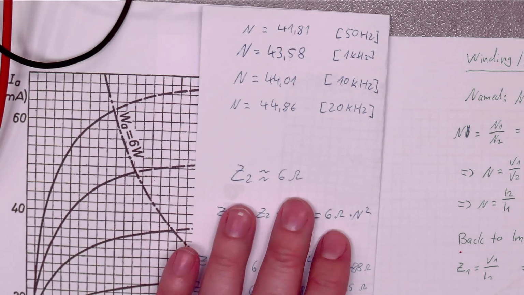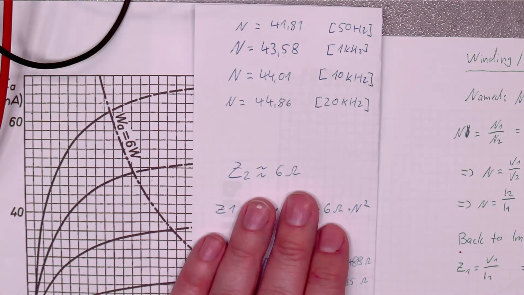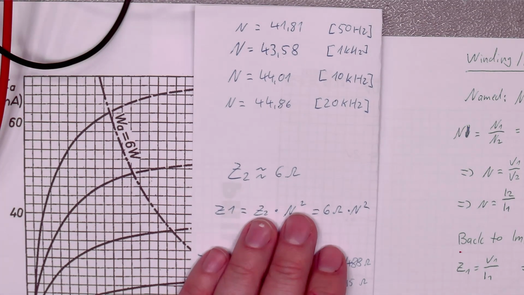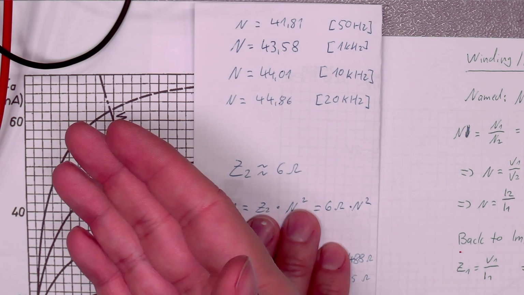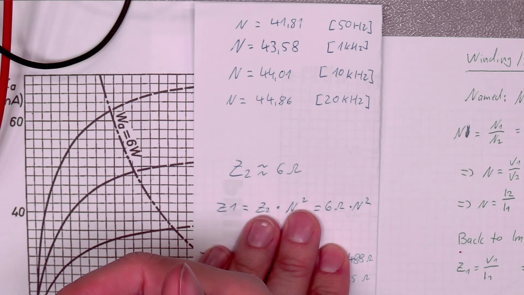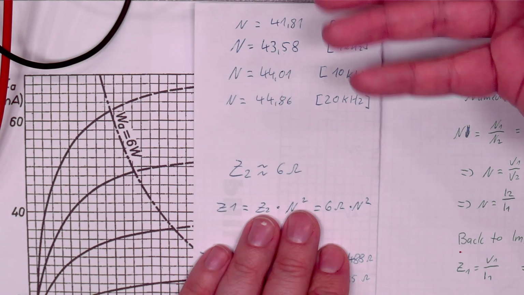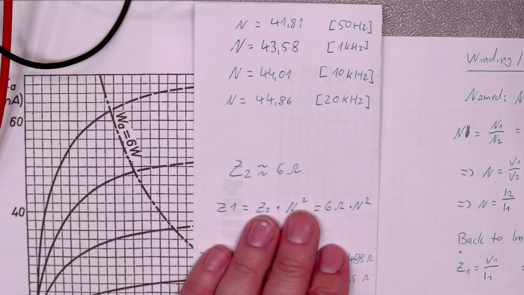So for calculating the primary impedance, I just assumed that the secondary impedance would be around 6 ohms, which is not too uncommon. Your typical speaker is around 4 ohms or 8 ohms, and we will come back to that in a second, which effect this has on the whole tube amplifier.